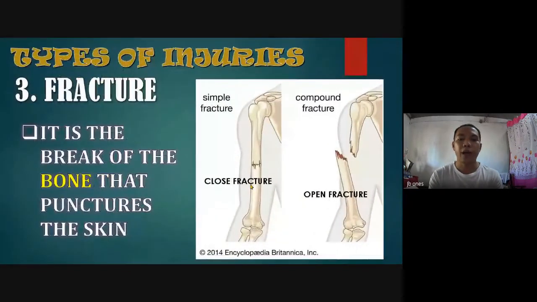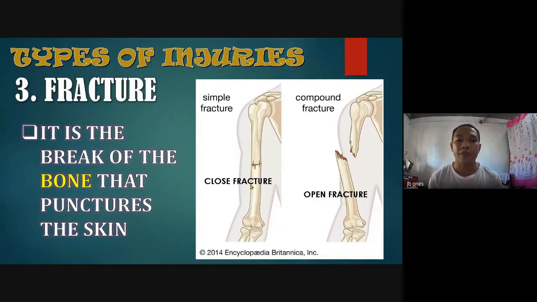And the third one, we have the fracture. A fracture is a break of the bone. It can happen if you get hit.